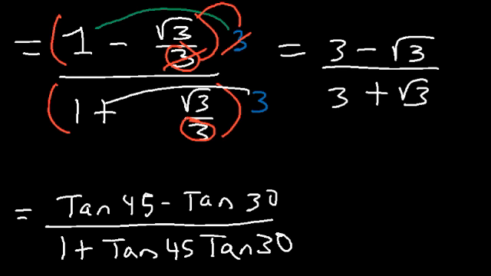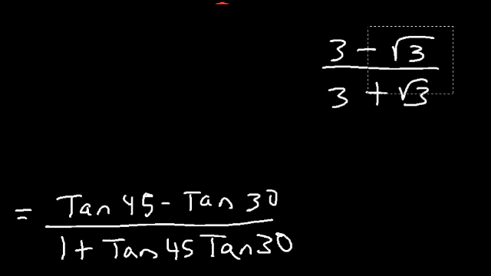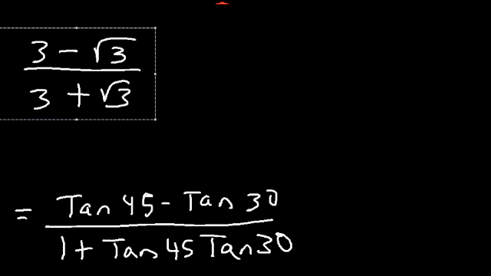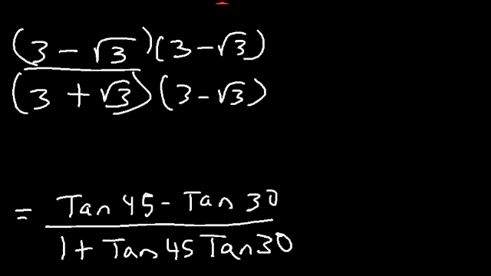Now, can we simplify this expression further? You could leave the answer like that, but let's see what happens if we multiply by the conjugate of the denominator. So since the denominator is 3 plus root 3, the conjugate is going to be 3 minus root 3. So on top we need to FOIL. 3 times 3 is 9.